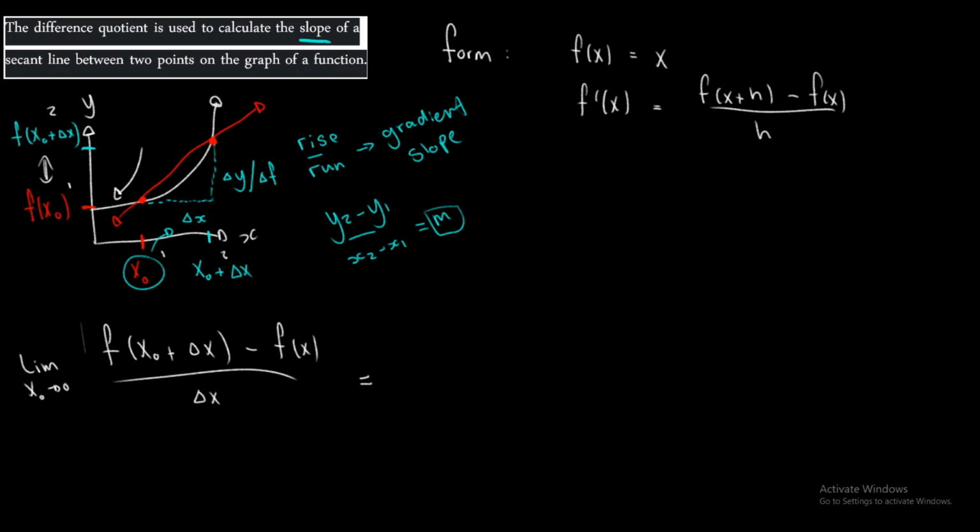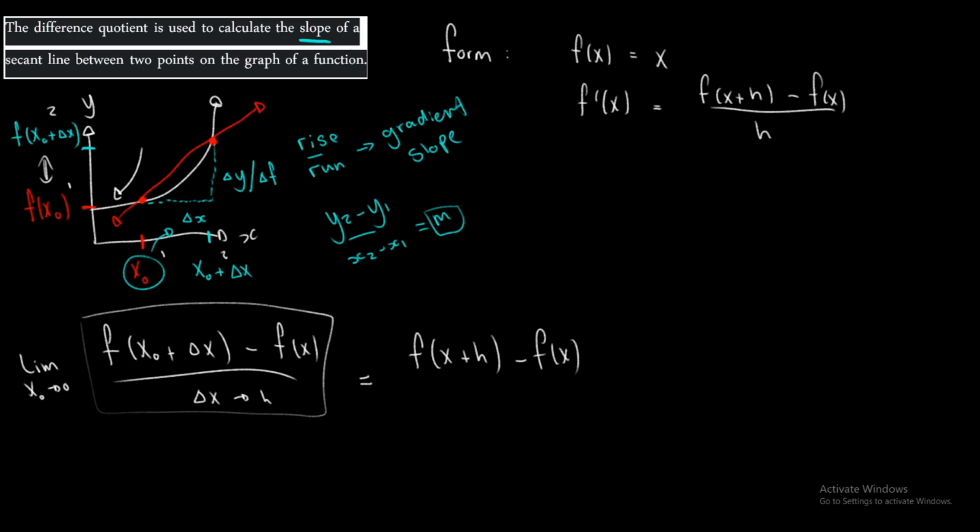Okay, all of this looks a little bit complicated, so what about we simplify this? What about we change delta x to h? So what does it look like now? Now I can say f of x plus h, because we're changing our delta x to h, minus f of x, over h.